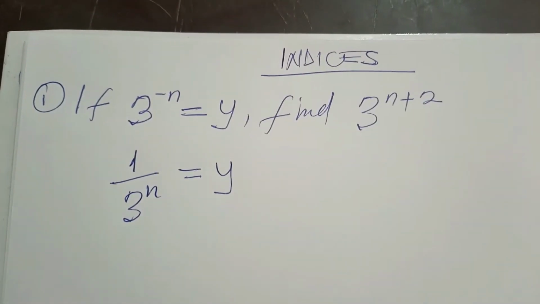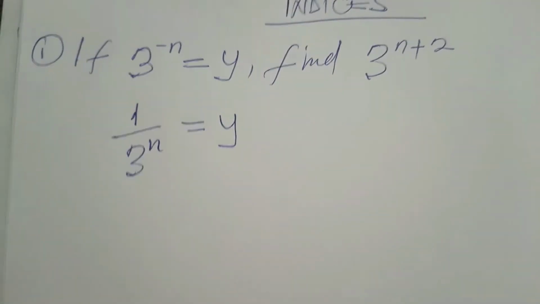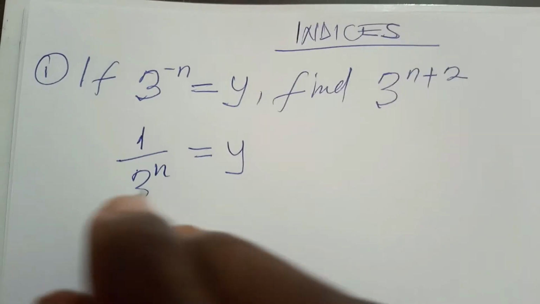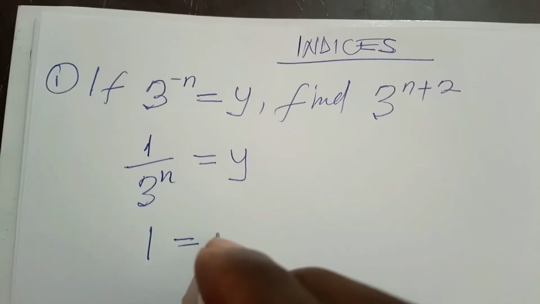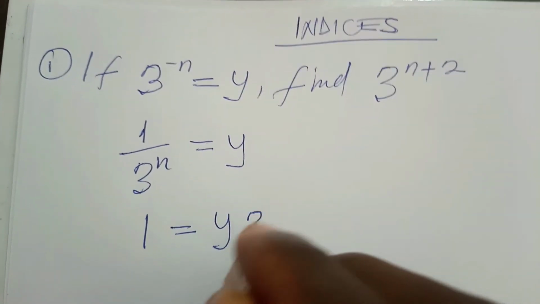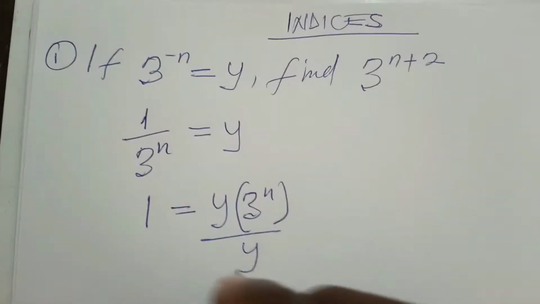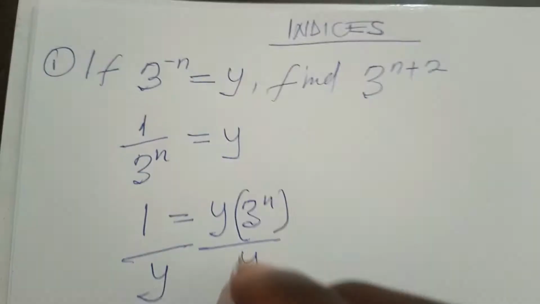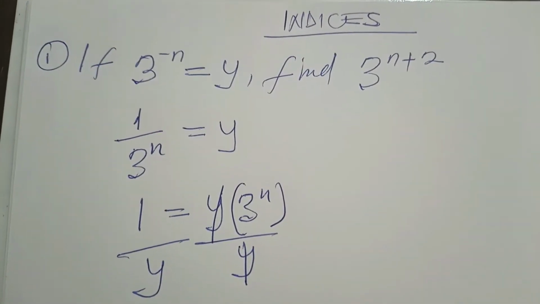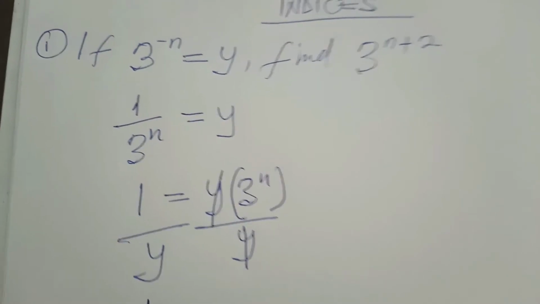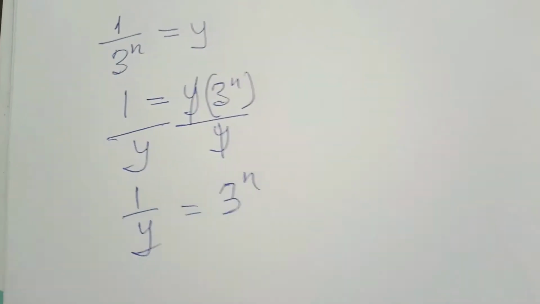So we are going to get, the last time I did this, some students had challenges, so I'll do it one by one. To cross multiply with 3 exponent n, we are going to have 1 equals y times 3 exponent n. Then we divide both sides by y, so that we will have 1 over y being equal to 3 exponent n.